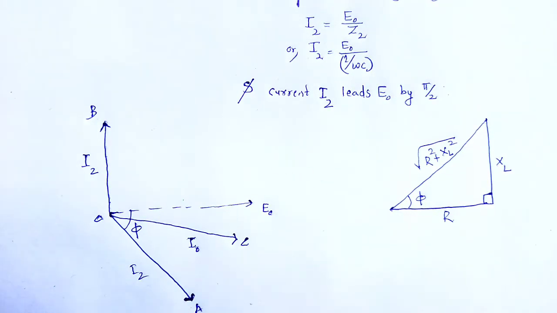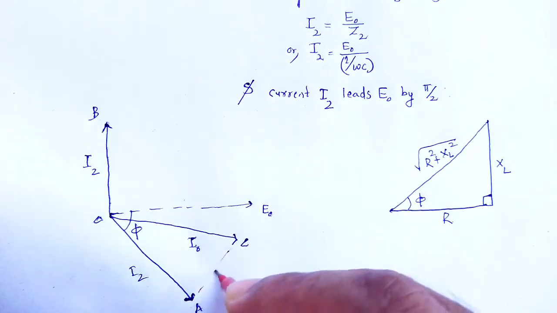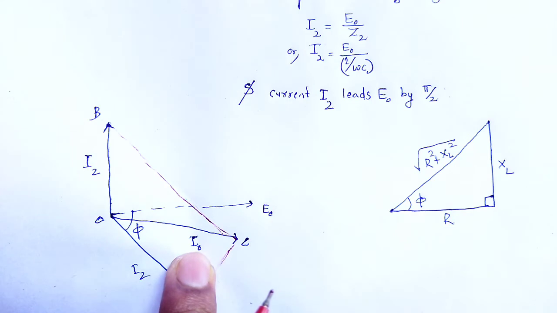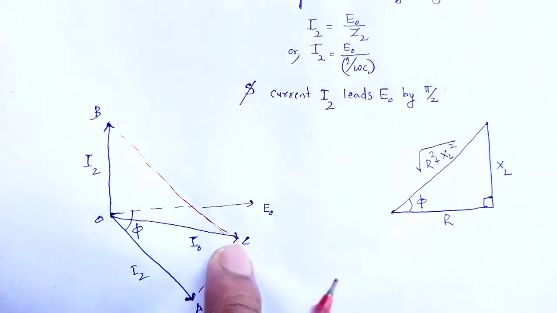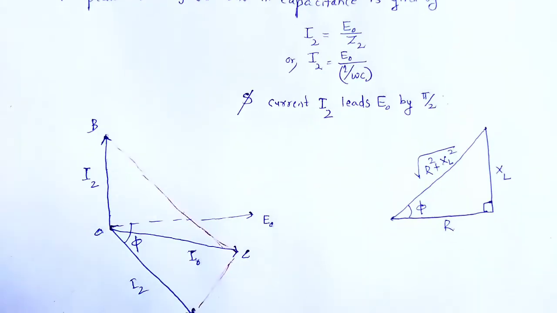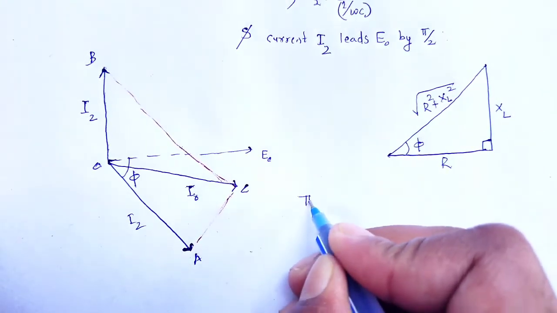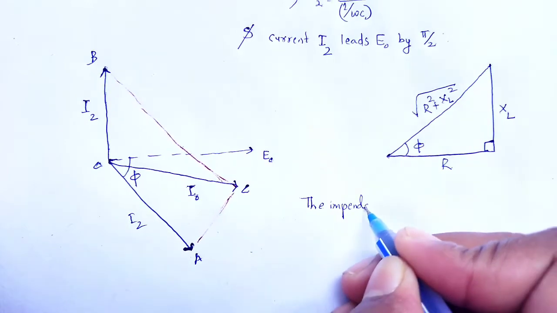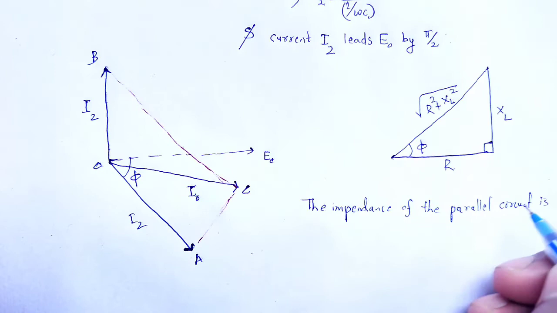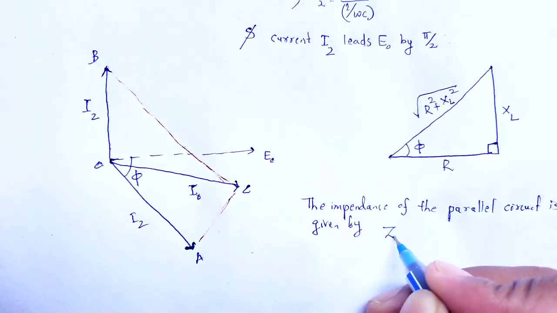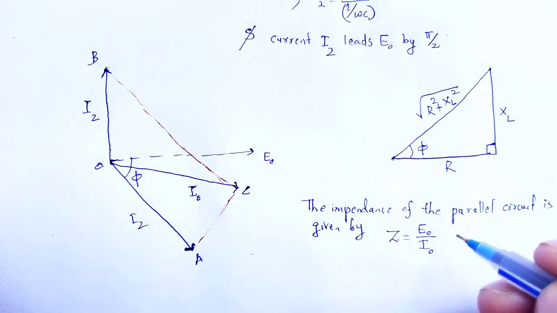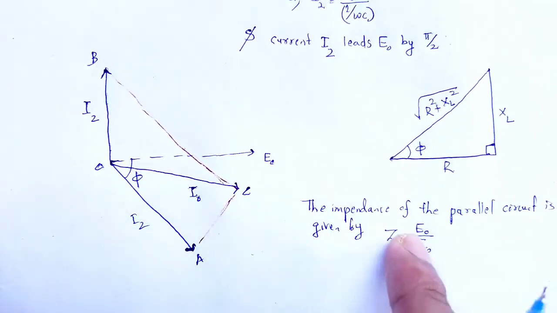That I naught represents the resultant peak current, and the impedance of the parallel circuit is given by Z equal to E naught divided by I naught, the total EMF to the total resultant peak current I naught.